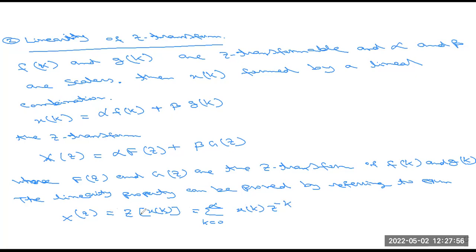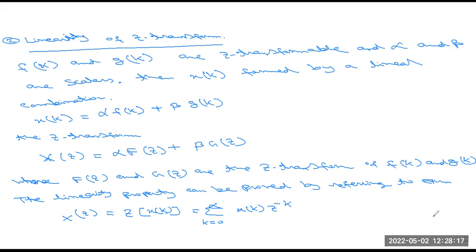These equations are very important, and another one is also used when kT is coming. These two types of equations are used again and again. Now we have to apply the linearity property to prove this equation for the linearity of the Z transform.